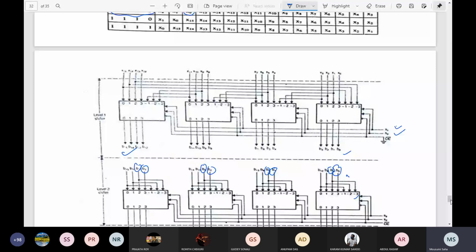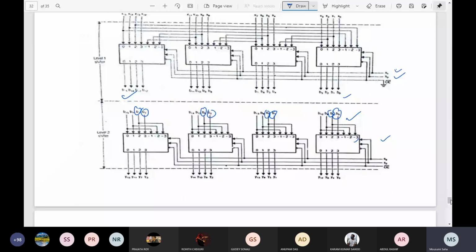From that you can have the value of x0 here, that is y13. Here you will have the y13.